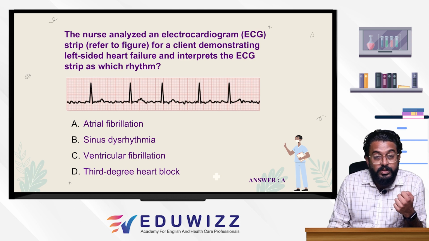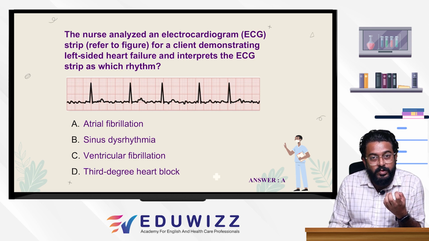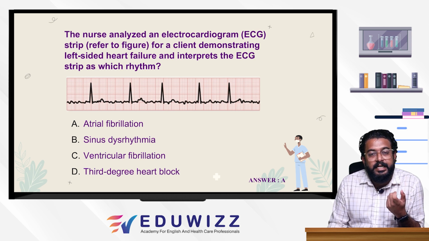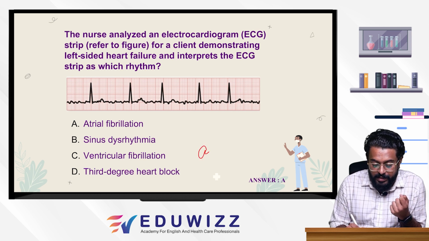The features of atrial fibrillation: the atrium will not be able to contract properly. And the wave which indicates atrial contraction is the P wave. So in atrial fibrillation, because the atrium is not properly contracting, P waves will be absent. So first feature is absent P waves.